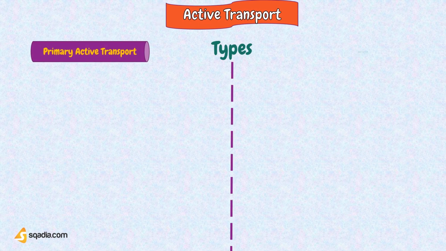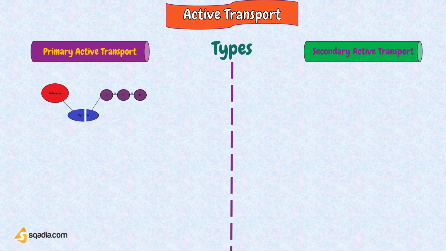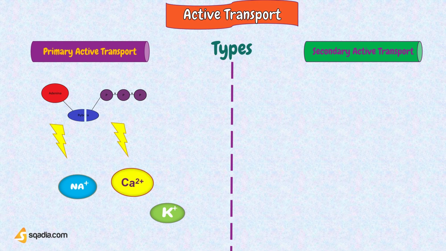Now let's go through the two types of active transport. Primary active transport is the type of transport mechanism in which the energy is liberated directly from the breakdown of ATP. Substances like sodium, potassium, calcium, hydrogen, and chloride are transported across the cell membrane.